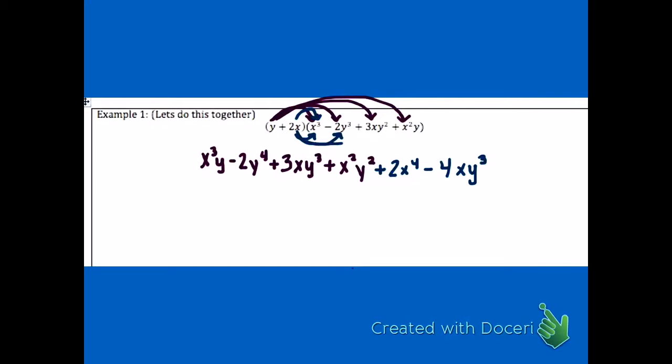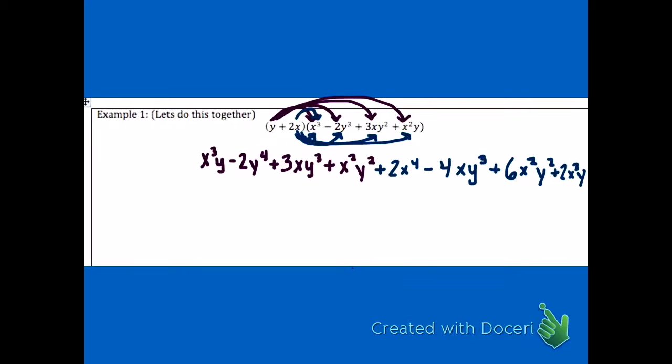We're multiplying 2x times 3xy squared, and that's going to give us 6x squared y squared. And then the 2x times x squared y is going to give us 2x to the third y. So we get that kind of long polynomial there.